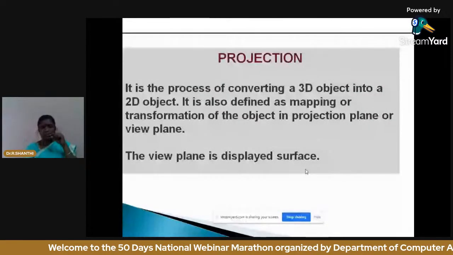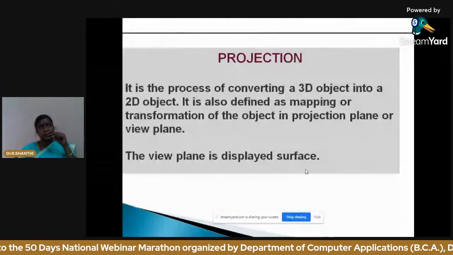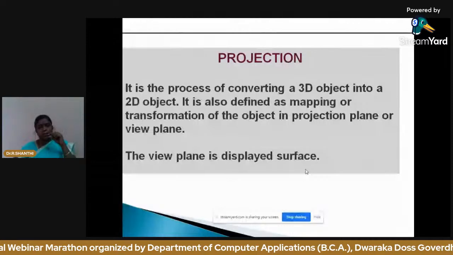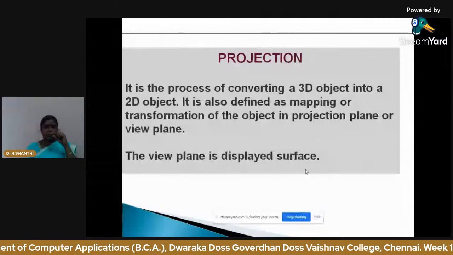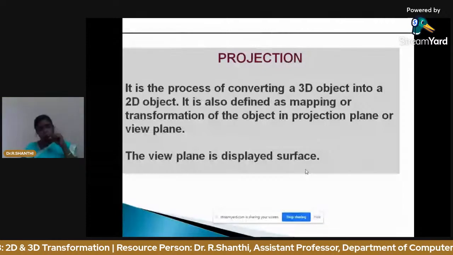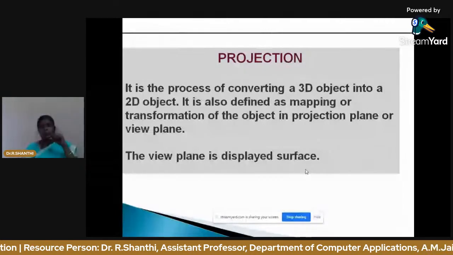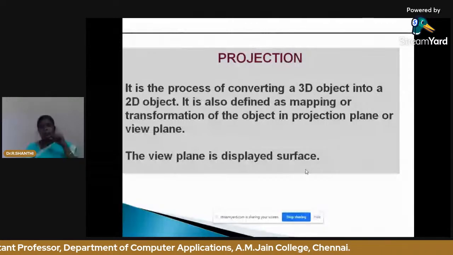Then we will move on to the next topic, projection. How are you going to project? Similar to an object, here I can map, I can present.